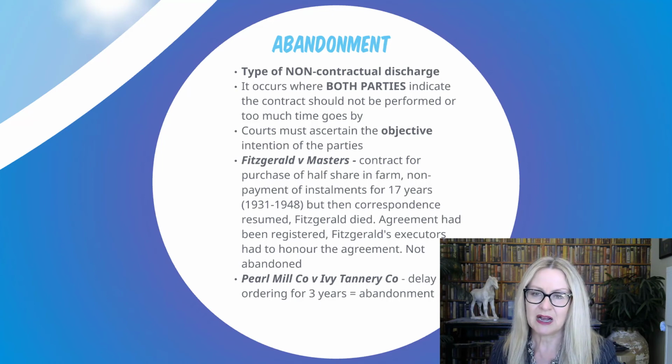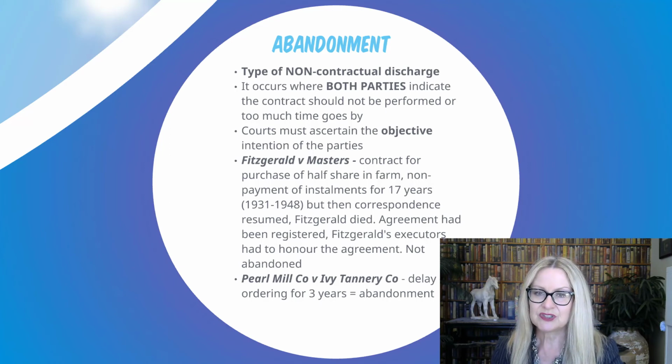In Fitzgerald and Masters, we had a contract for the sale and purchase of a half interest in a farm. Payments were made for quite some time, I believe more than half the payments were made. And then there were non-payment of instalments for 17 years. Now, that's an extraordinarily long time, isn't it? But that was by mutual agreement there.